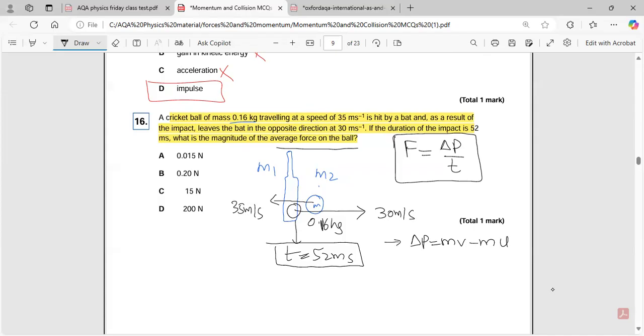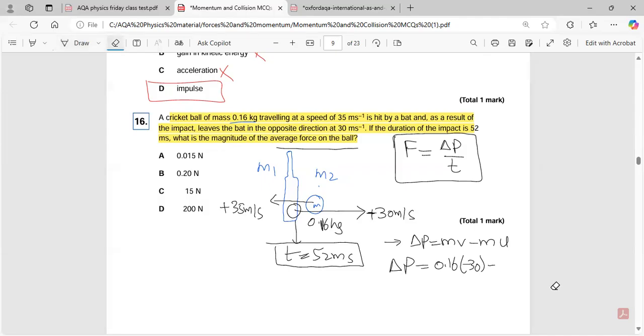As both the velocities are given, you can easily find that. Initial is always taken as positive, and then the final is opposite, so you take it as negative. Or you can do one more thing: right side is positive and left side is negative. That's not a problem, right?